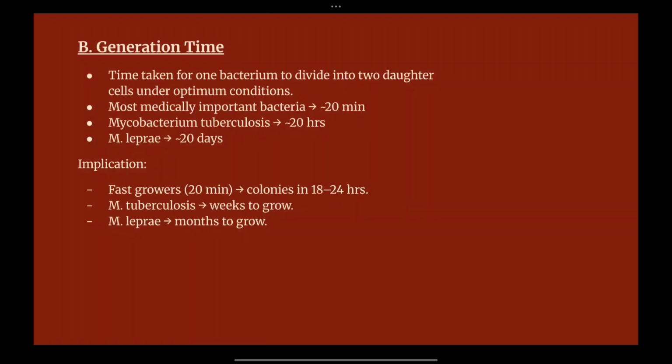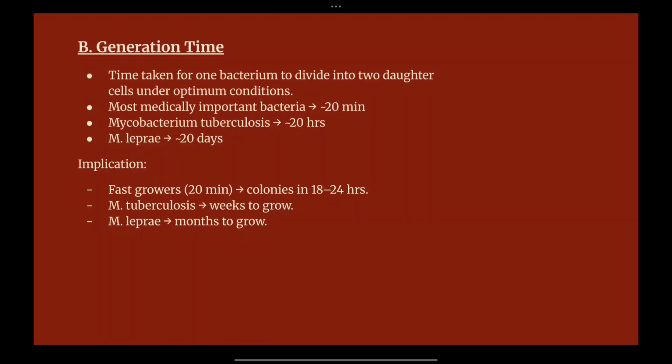So medically important bacteria take approximately 20 minutes. In Mycobacterium tuberculosis it is approximately 20 hours, and in Mycobacterium leprae approximately 20 days. So different bacteria have different generation times, or the time they require to multiply.